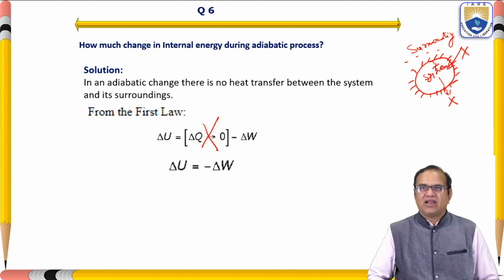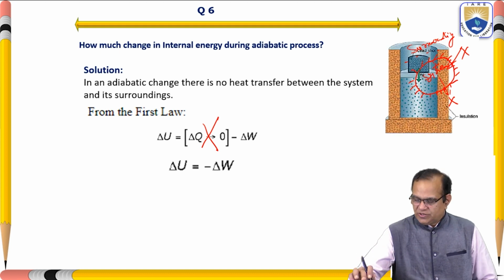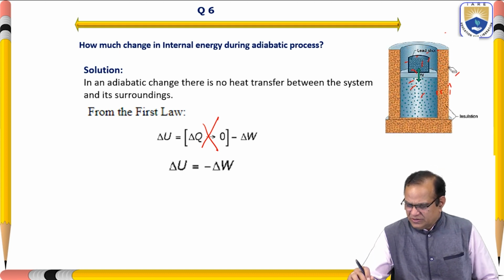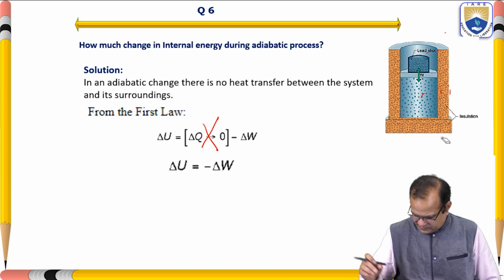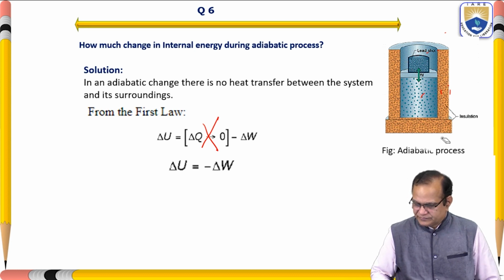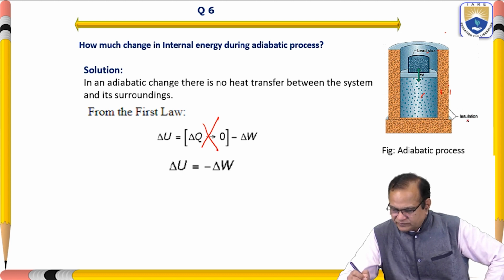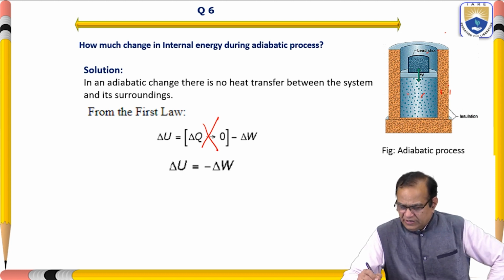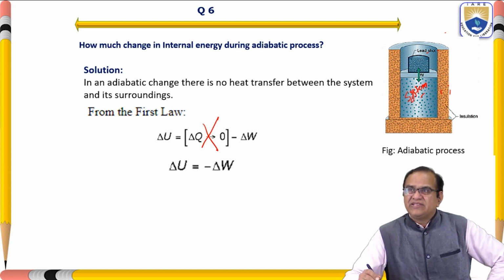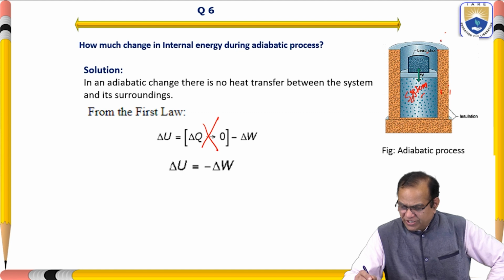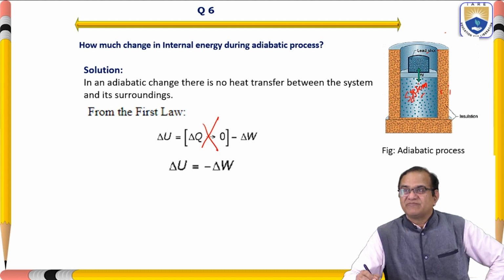this thermodynamic law. So here you can see the meaning of this adiabatic process. Here is the system, and if you are putting some hot thing on it, it will be pressing it, but heat will not go, only work will be transferred.